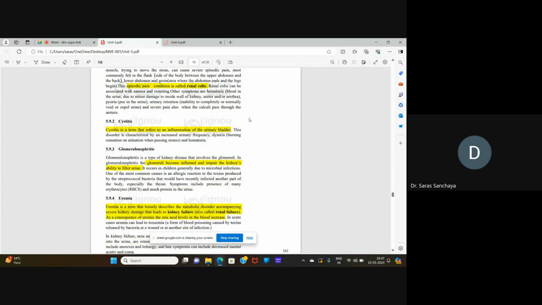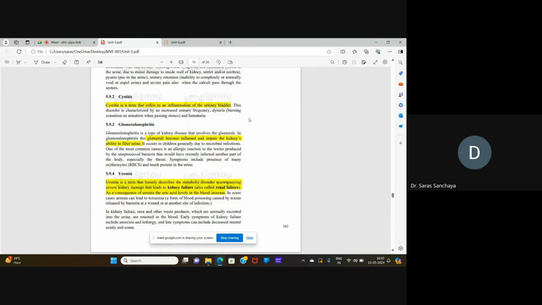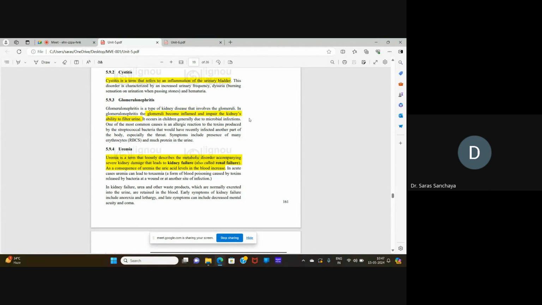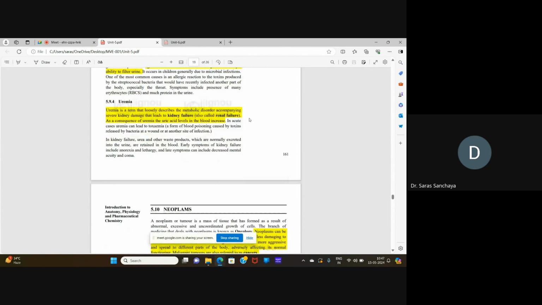Now, we come to cystitis. Cystitis is a term that refers to the inflammation of urinary bladder. Then there is glomerulonephritis. Glomerulonephritis is a type of kidney disease that involves the glomeruli of the kidney. In glomerulonephritis, the glomeruli become inflamed and impair the kidney's ability to filter urine. Then we come to uremia.